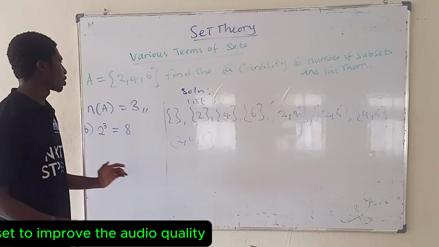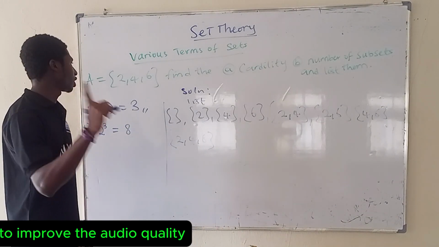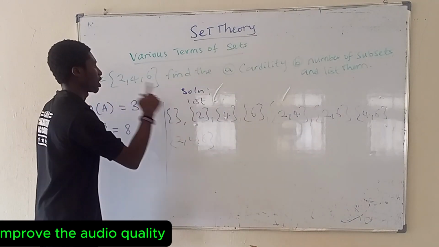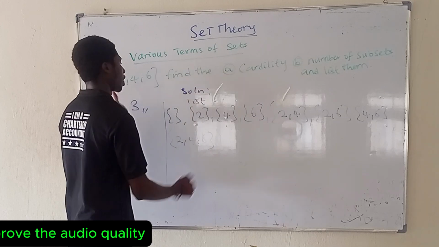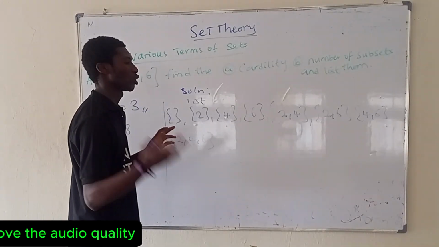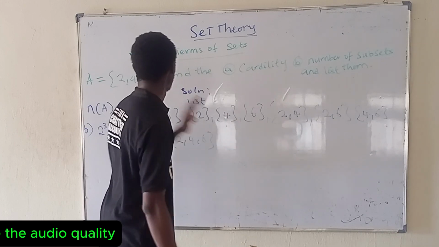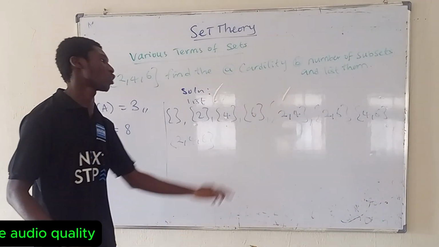So, in this case, we started with an empty set. Then you start listing them out. You start listing the elements, each of them one by one. So we have {2}, {4}, and always separate them by commas, please. {6}. Then you enter 2, 4, then 2, 6, 4, 6. And please don't write 4, 2 when you have already listed out 2, 4.